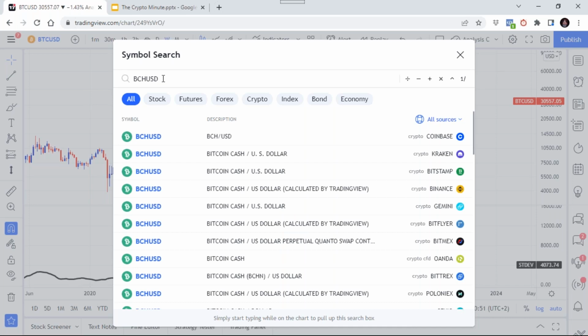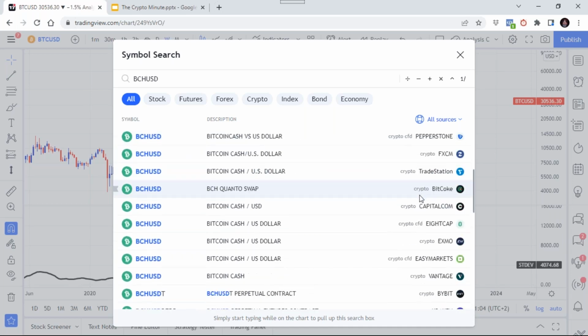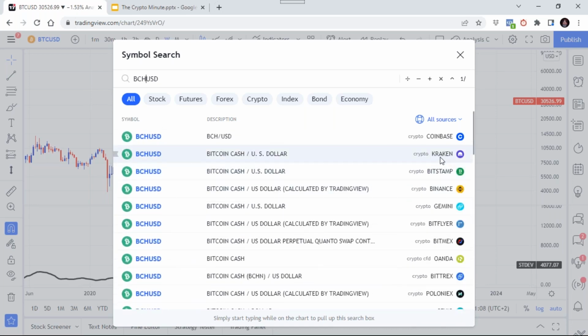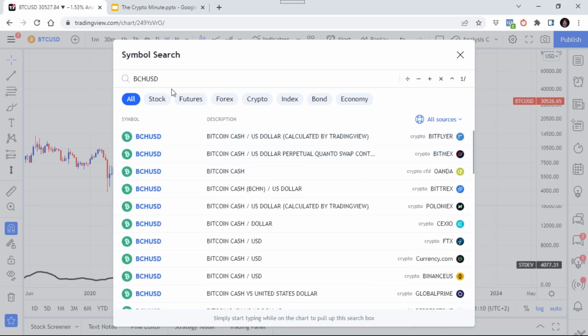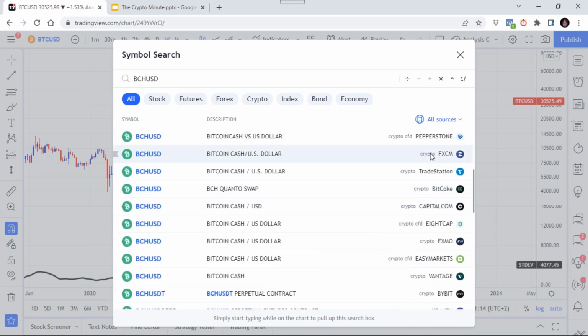Yeah, and Rob's also bringing up Terra, which was meant to be pegged to the dollar, but how are you going to maintain a peg without a central bank? It's impossible. So exactly the point there, Rob. Nice one. Let's just bring up Bitcoin Cash. I'd like to use BCH USD. I'd like to use our one, FXCM's.